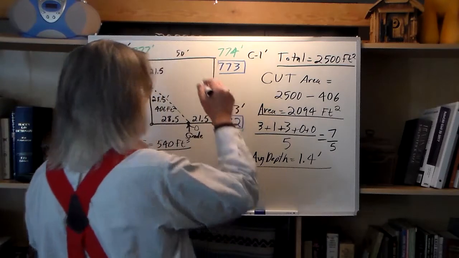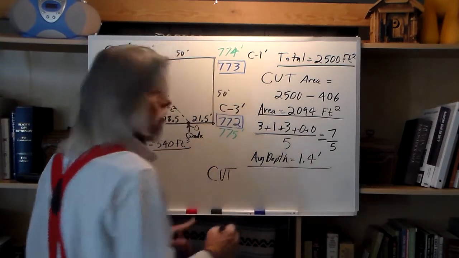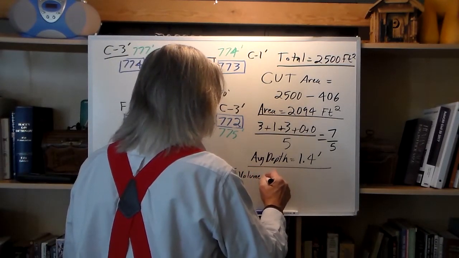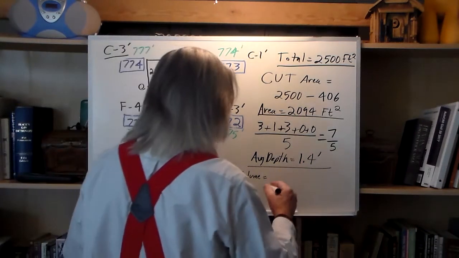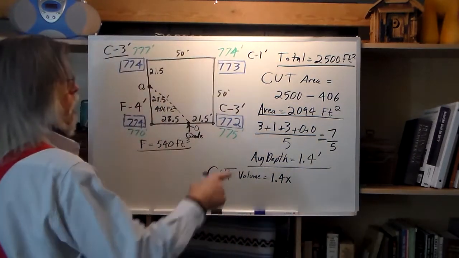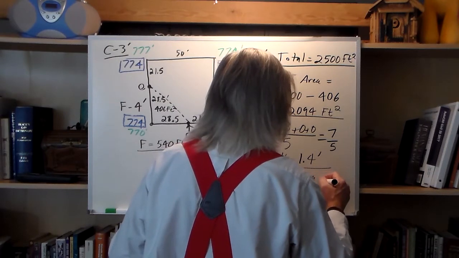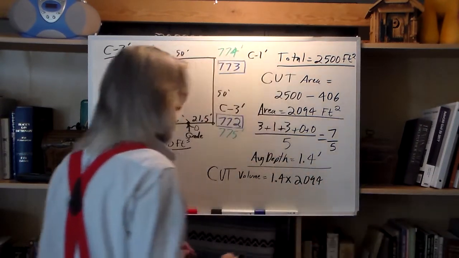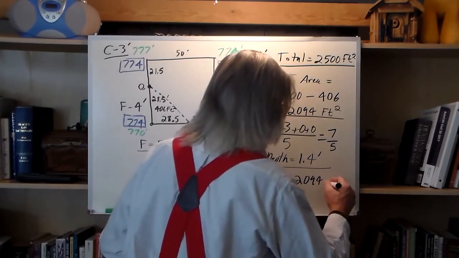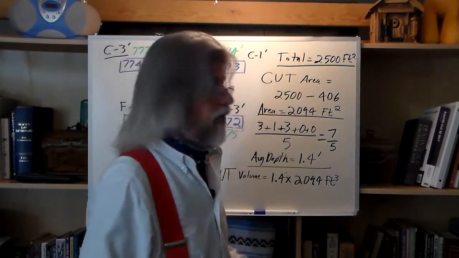Volume, and this will be cut. Our cut volume is going to equal our average depth of 1.4 times our area, which is 2,094, right? 1.4 feet times 2,094 square feet. Got feet times square feet, that's going to give you cubic feet.